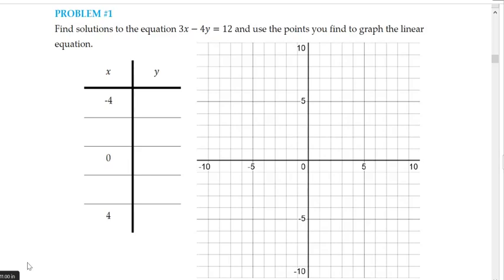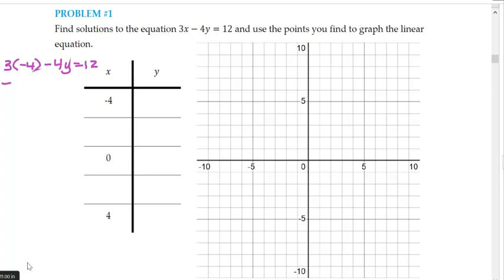So we're going to start off by having a table of values, and you can see here that I have some x chosen as -4, 0, and 4, and we'll go ahead and put those in place of x in the equation given and figure out what y is. So I'll have 3 times -4, put in place of the x, minus 4y equals 12.